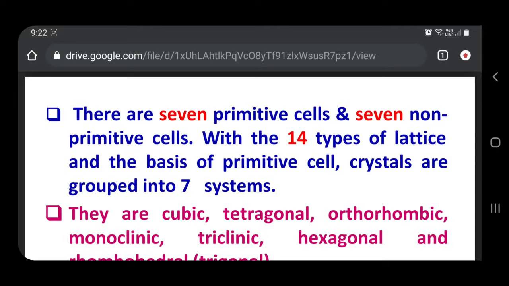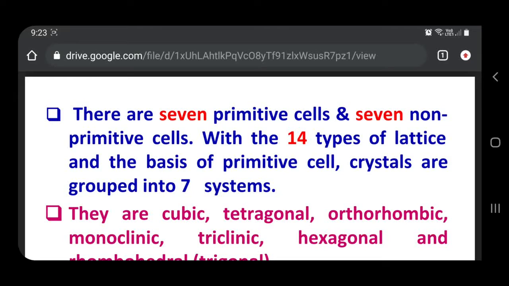So 1/8 at each corner, and 8 such corners are there. So 1/8 into 8 corners, the 8 cancels, and you are left with the number of atoms per unit cell, per cube, being only 1 atom. So such a cell is called a primitive cell.